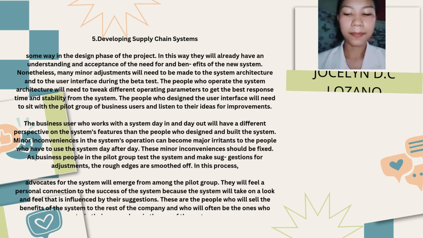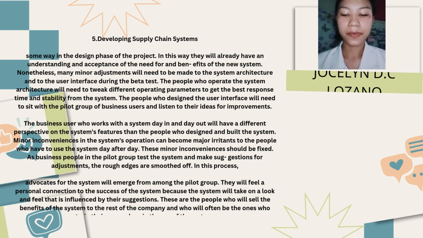They will feel a personal connection to the success of the system because they feel in the loop and influenced by their suggestions. These are the people who will sell the benefits of the system to the rest of the company and who will often be the ones who train their coworkers in the use of the system.